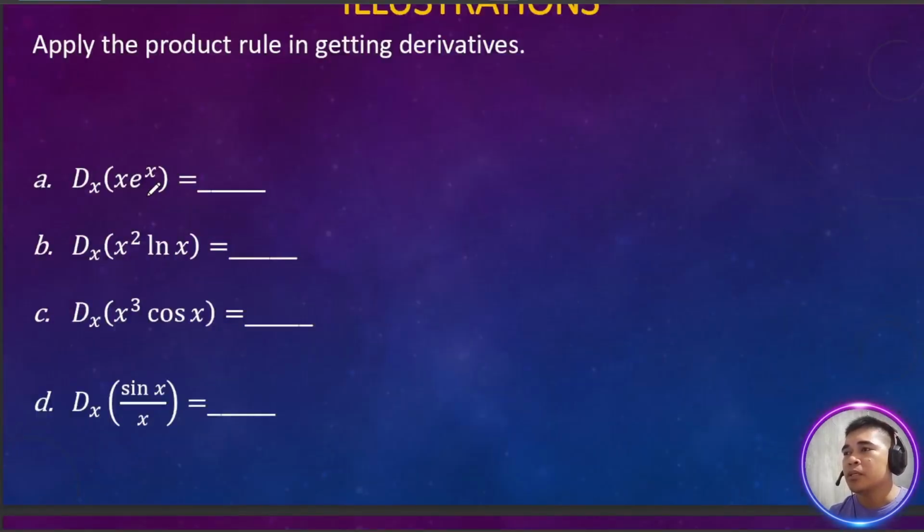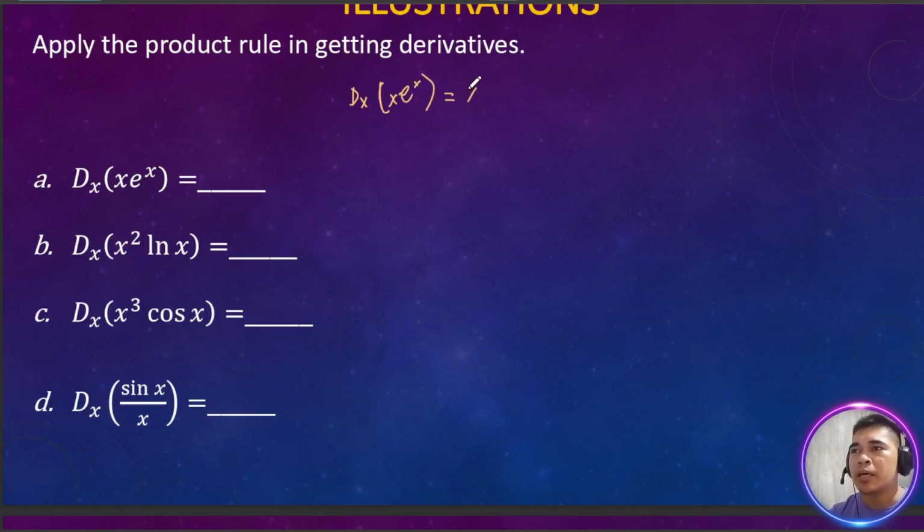Example: derivative of x times e to the power of x. What do we do here? We get dx of x times e to the power of x equals. This is our first one, the f of x, and this is our g of x.